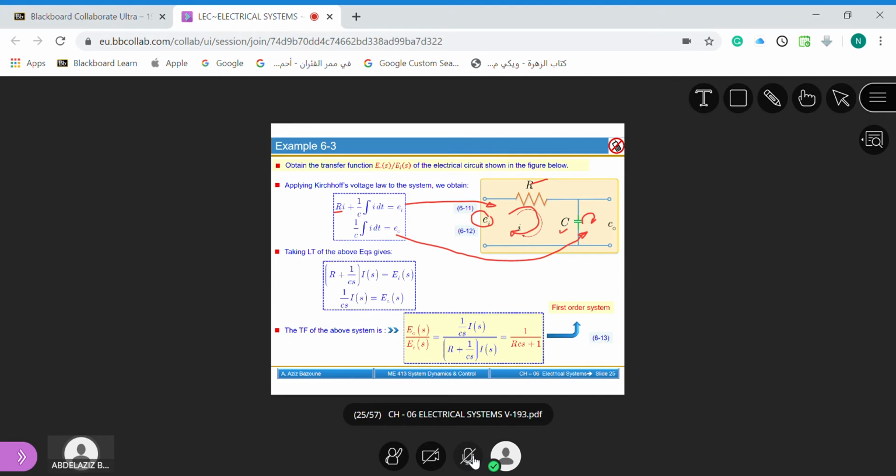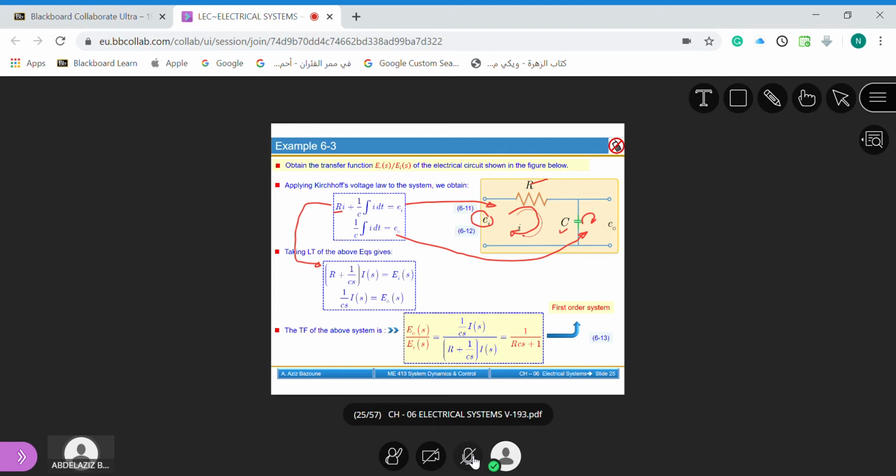If we take Laplace transform of both sides of the first equation, it will give you R times I of s. And the Laplace transform of the integral is 1 over s, I of s. So this one turns out to be 1 over Cs times I of s.